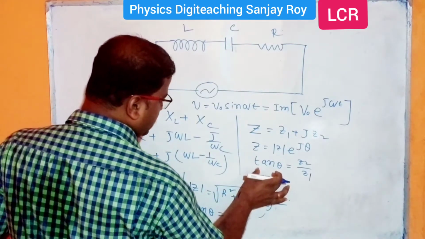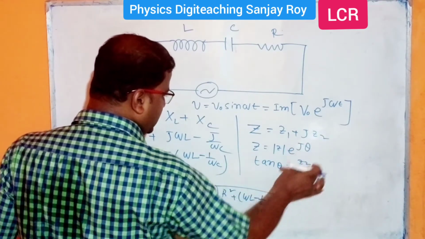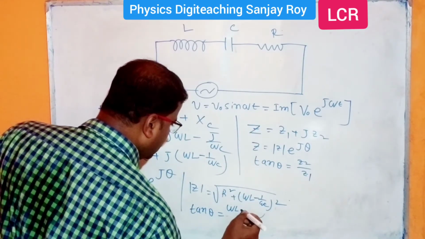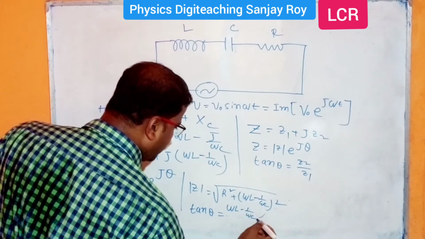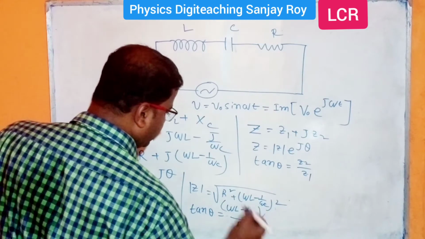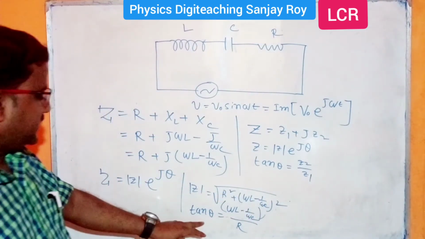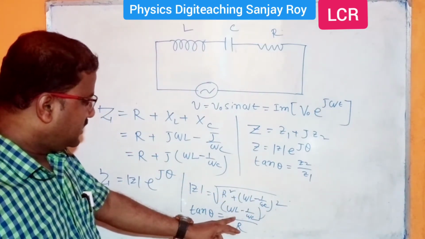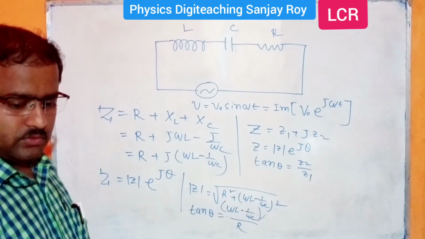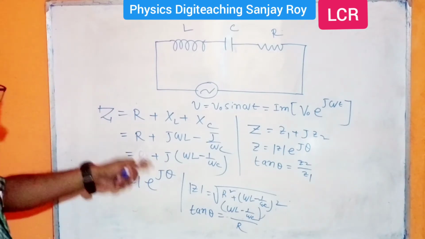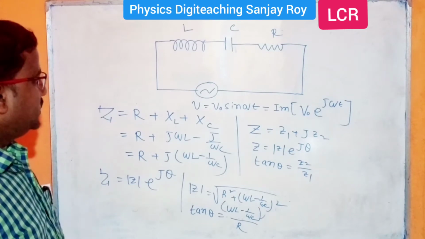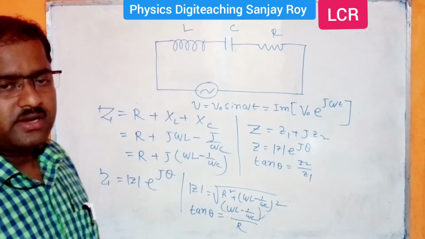Here we see that tan theta equal to Z2 by Z1, which is tan theta equal to omega L minus 1 by omega C divided by R. So we calculated here the impedance of the circuit, and it is equivalent to resistance in a DC circuit.